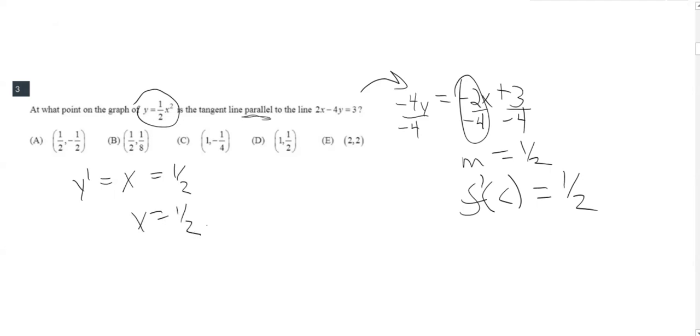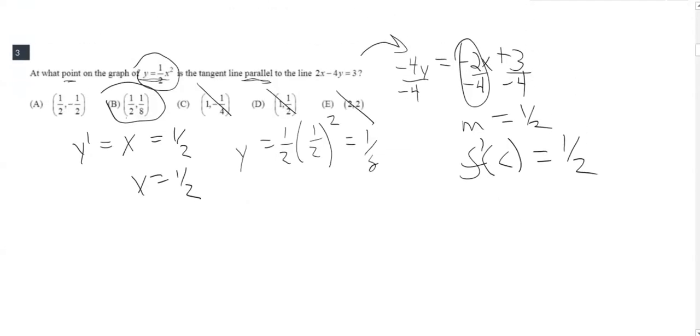Now, with these, it's going to eliminate this choice and this choice. Now, it wants to know what point on the graph of y equals 1/2 x squared. So I plug the 1/2 in to 1/2 x squared, and y would equal 1/2 times 1/2 squared. 1/2 squared is 1/4 times 1/2 is 1/8. So we get choice B on that one.